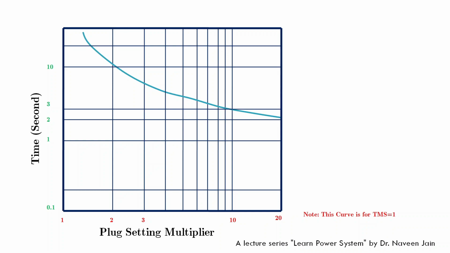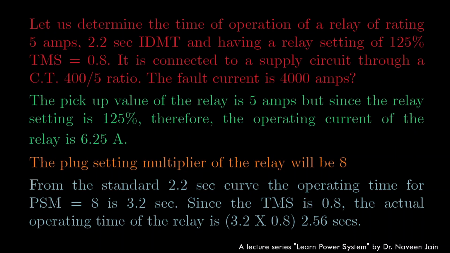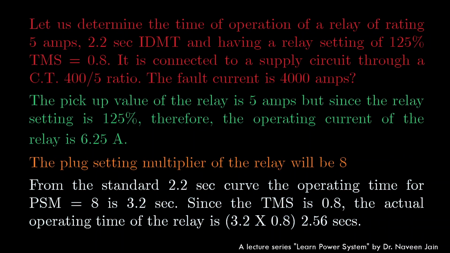Please note this value is for time multiplier setting 1. Now we need to determine the time of operation for time multiplier setting 0.8. So the time is 0.8 times 3.2 seconds, and that is 2.56 seconds.